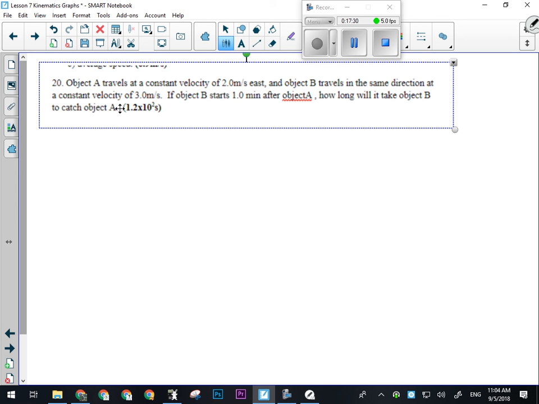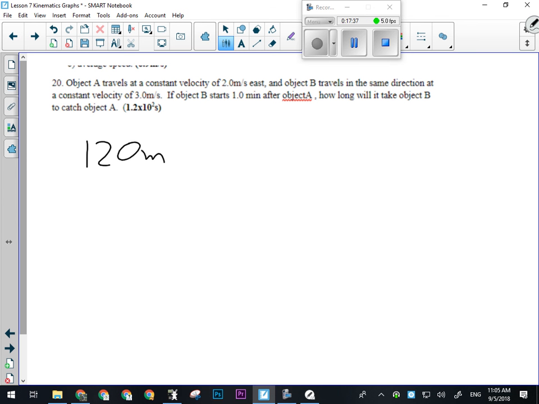Everyone follow me there? Okay, so if you're going 2 meters per second for 60 seconds, you're going to get a 120 meter head start. And now object B starts, and it gains 1 meter every second. How long does it take to catch it? Yeah, it takes 60 seconds. Okay, sorry, no, it doesn't.